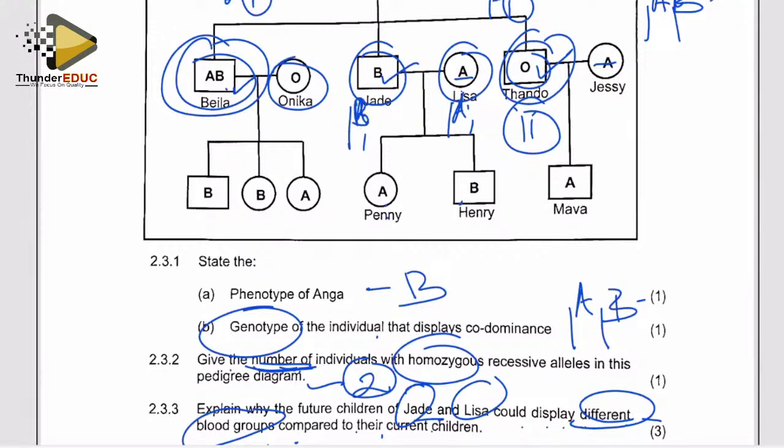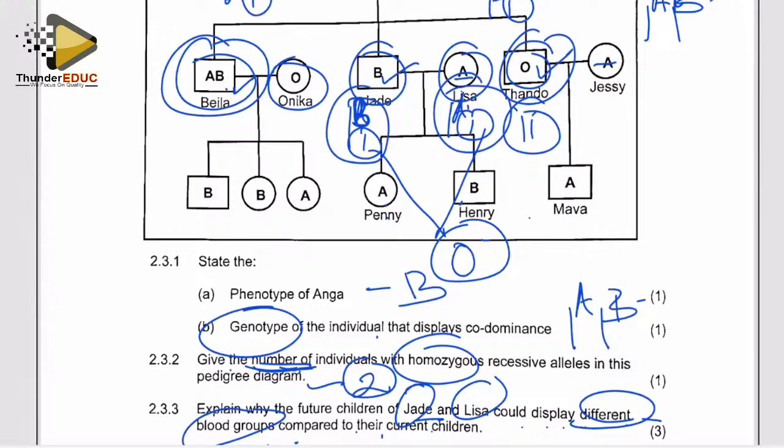Oh, this is B, isn't it? JD is B. So that their children could be, when this small letter and small letter combine, they're able to produce blood group O, meaning that JD will pass a recessive allele to the offspring, the same way Lisa is going to pass the recessive allele to the offspring to produce blood group O. But I need to find out the genotype of Lisa, which is blood group A, heterozygous, and JD is blood group B, heterozygous.